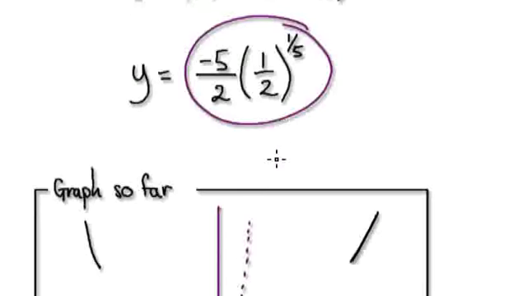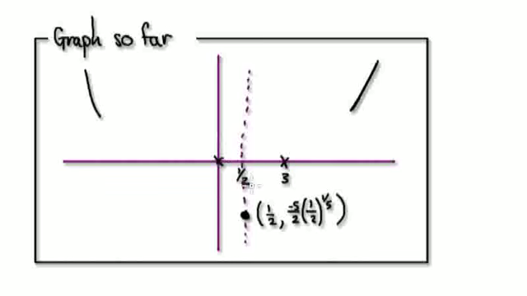So what we know so far is that at x equals a half, the y value will be this bit here. So the coordinates for this point would be a half, comma, and then this number here.